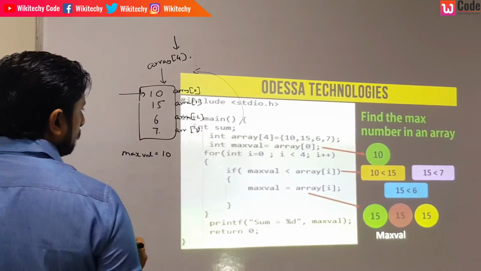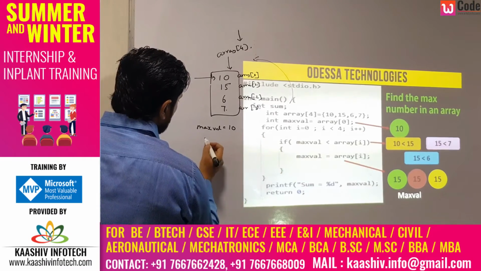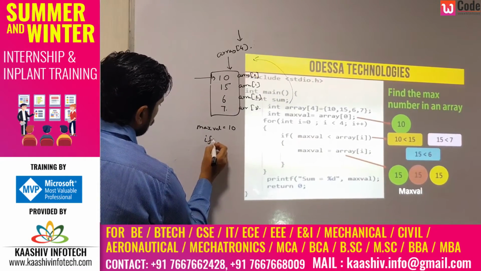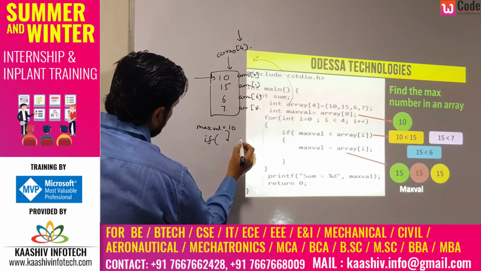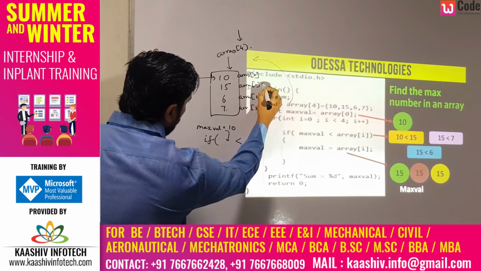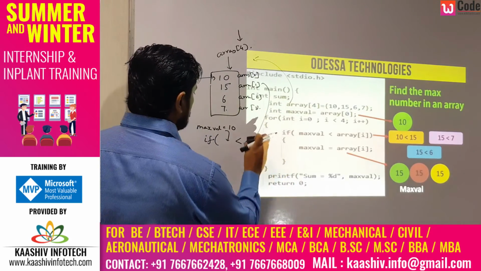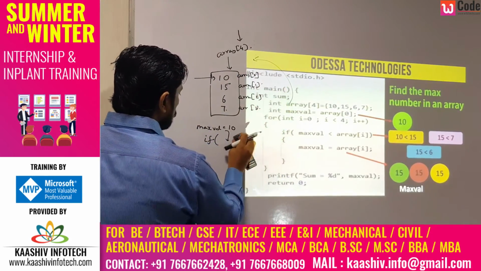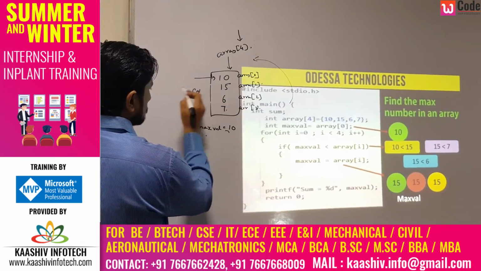Afterwards, I'm putting a condition: is this max value 10 greater or lesser than array of 1? Considering how it works, let's see. Over here, I'm putting a for loop. I need a for loop for this first.